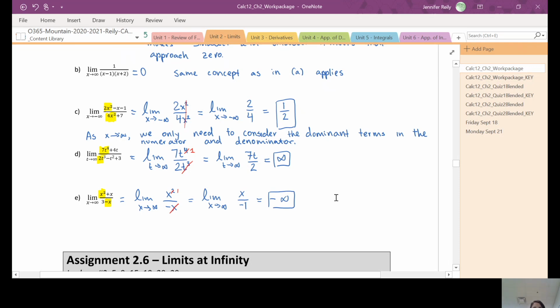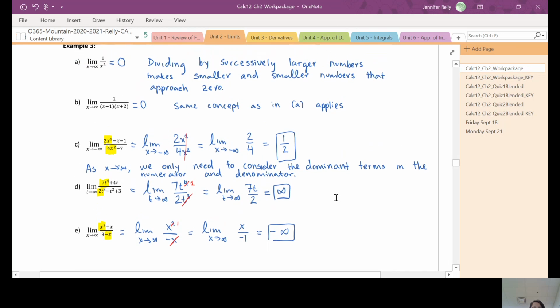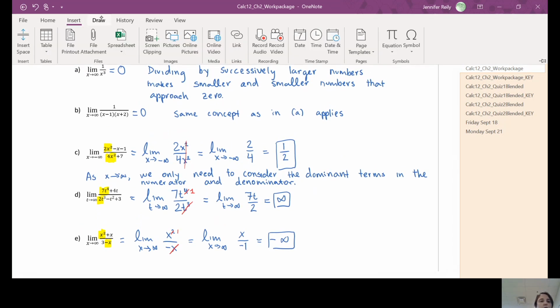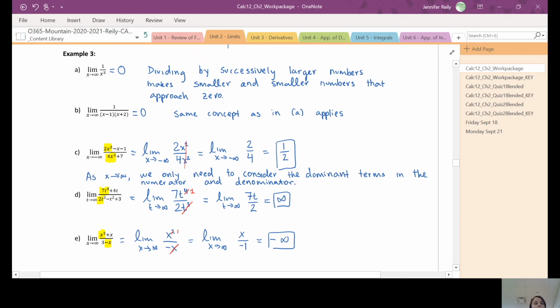Okay, so we're just going to go back through those again and make a little rule for each case. In the first two, we see that the degree of the denominator is greater than the degree of the numerator. In both of these cases, the result was we had 0 as our answer because dividing by larger numbers makes smaller and smaller numbers.